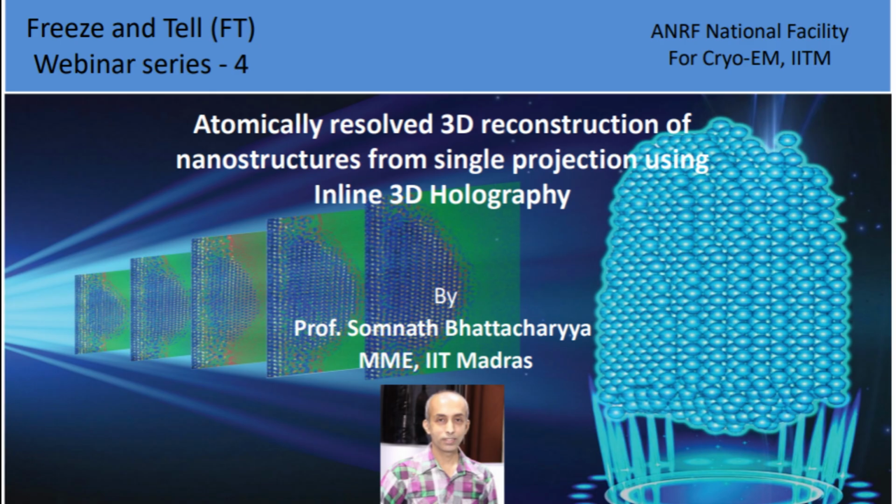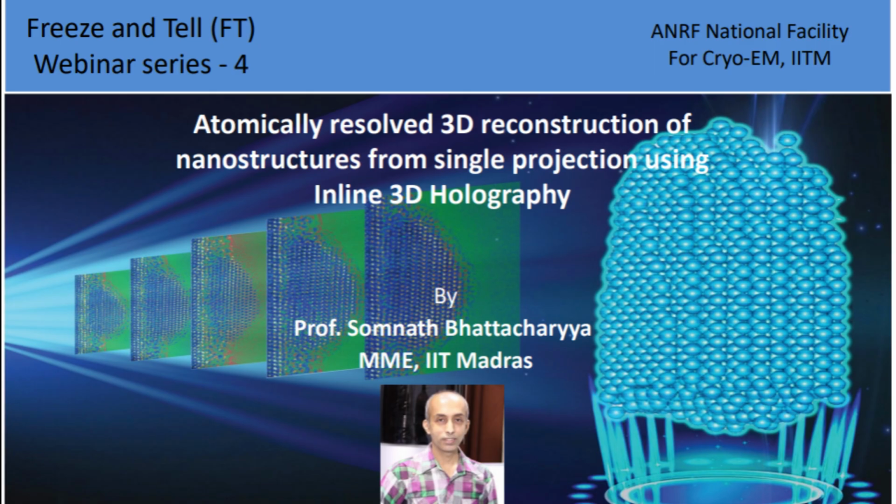Hello, welcome, sir, and thank you all for coming. This is the fourth seminar of the series. Today's speaker is Professor Somnath Bhattacharyya from the Metallurgical and Materials Engineering Department of IIT Madras. He obtained a BE in Metallurgical Engineering from VNIT Nagpur in 2000, and then an ME in Metallurgy from the Indian Institute of Science, Bangalore. After that, he got his PhD in Material Science from the Max Planck Institute for Metallurgy in Stuttgart, Germany.